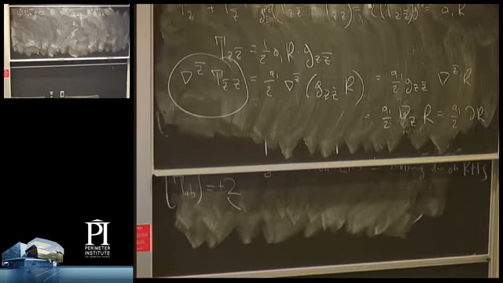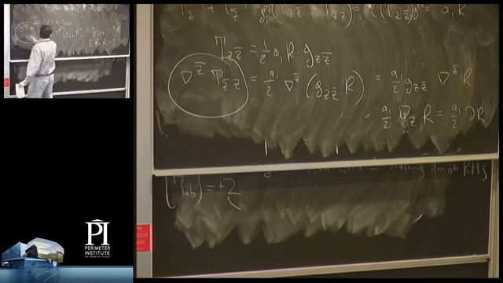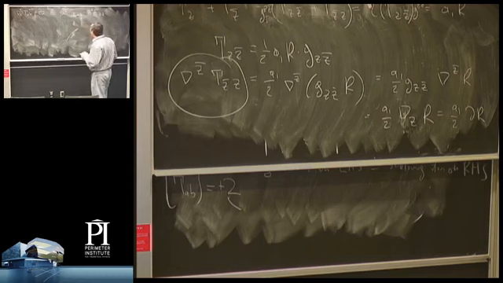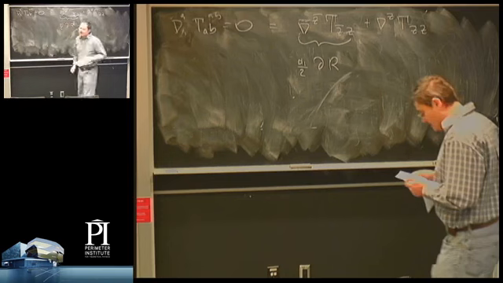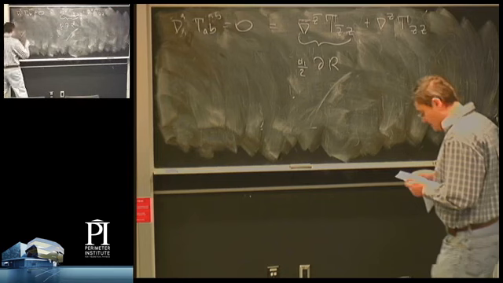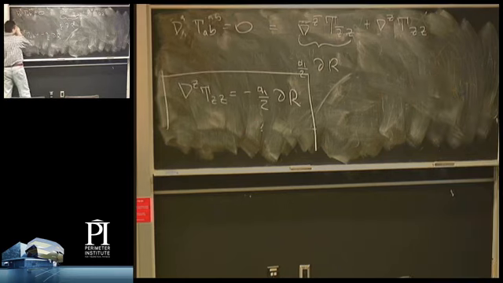What we evaluated up here, right, this guy equals A1 over 2 del R. And so what we are finding is nabla z T_{zz} must be equal to minus A1 over 2 del R. Okay, so this is a relation.